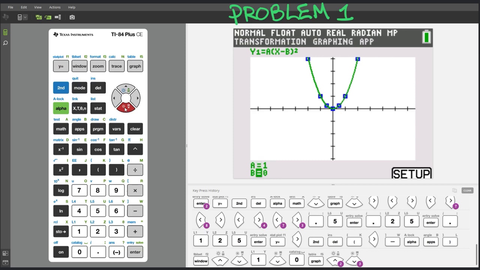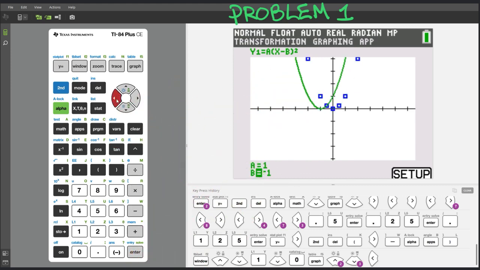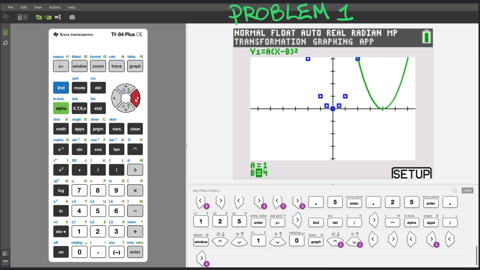Now if we press up, you could press down too. You'll bounce between a and b. That's called a toggle. And then we could press left or right to change the b values. Okay, you could play around with that for a moment. I'm just pressing to the right, pressing to the left. So the graph is doing exactly what I think it should do.